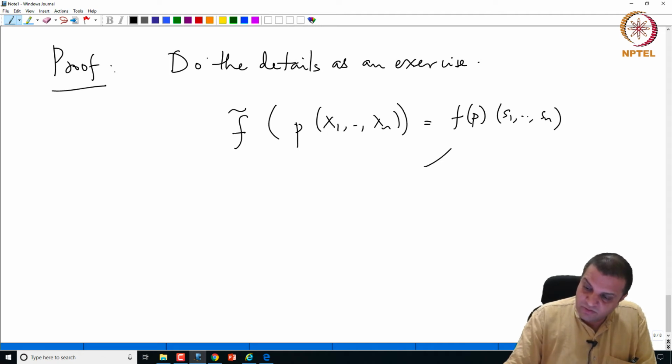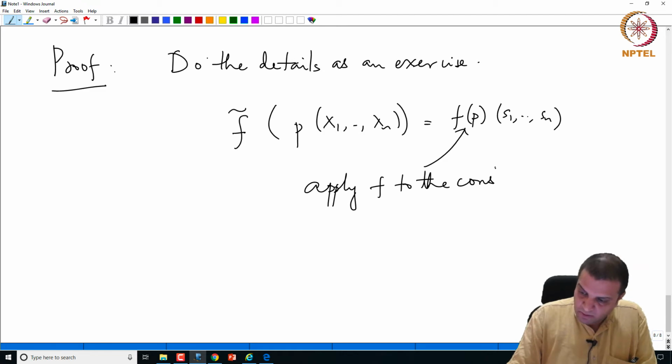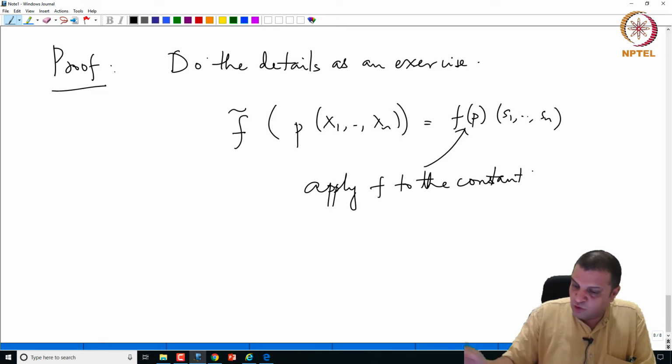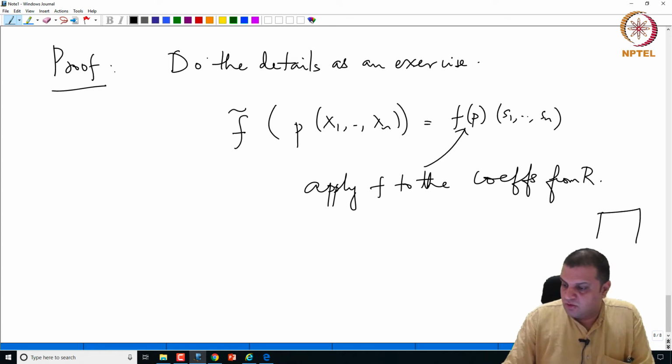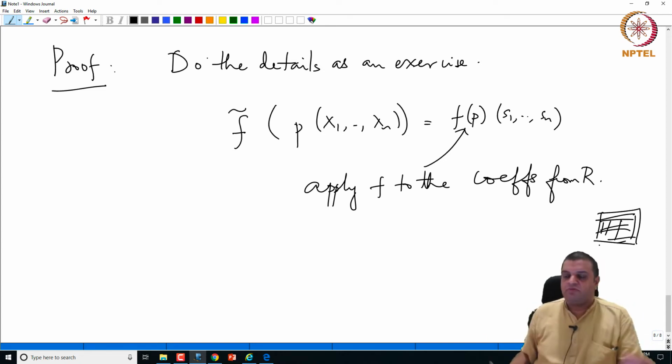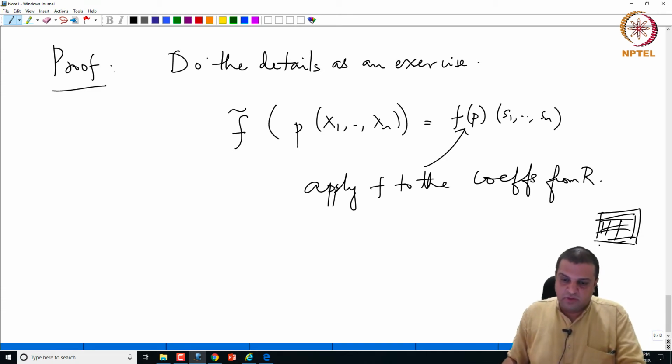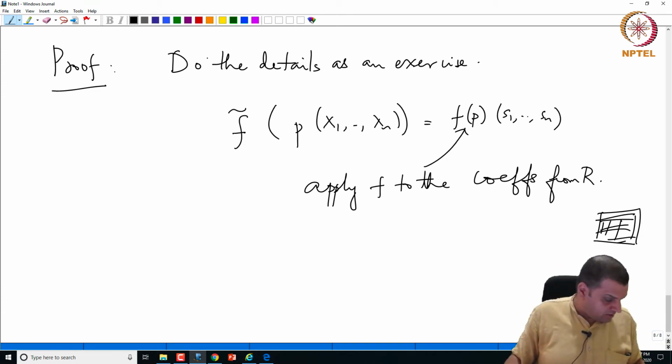So by this, we mean apply f to the constants, to the coefficients. Okay, so this is the hint, and please try to fill in the details and finish this exercise.